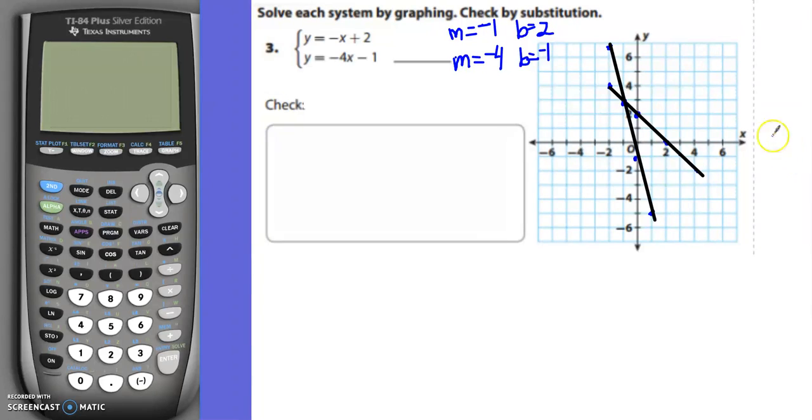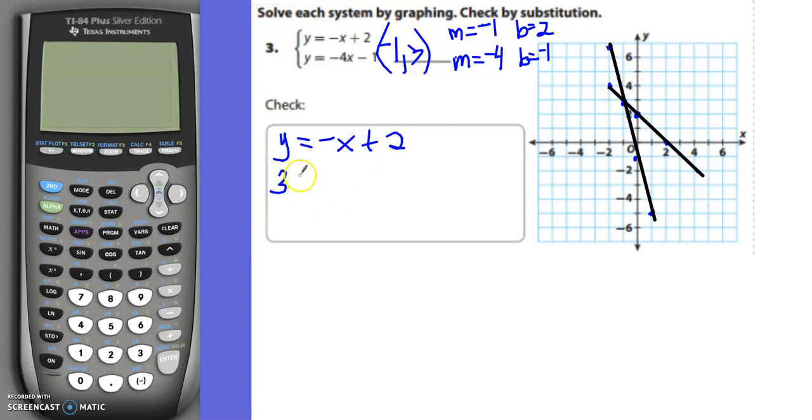Okay, the point of intersection is negative 1, 3. Okay, so now we can check. So with the check, we have y equals negative x plus 2.